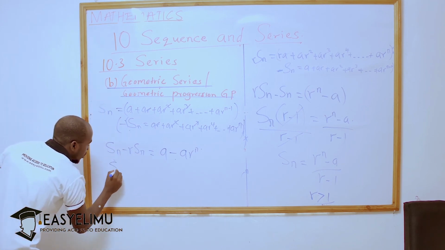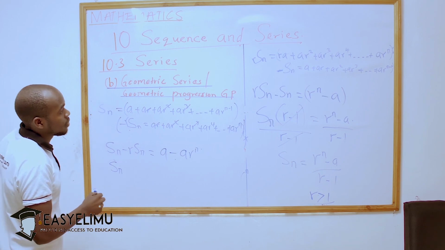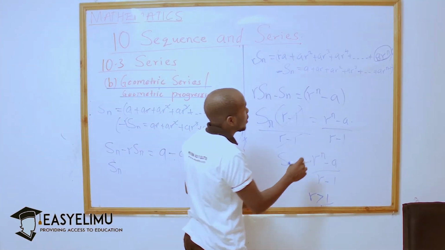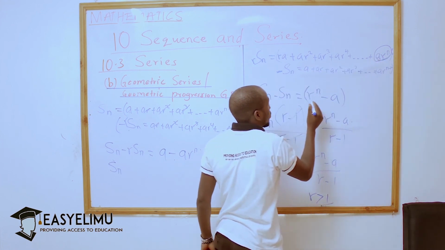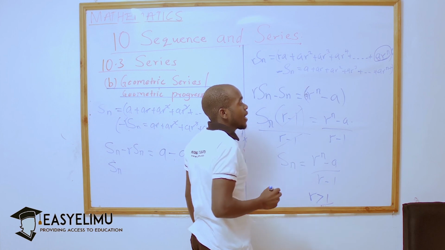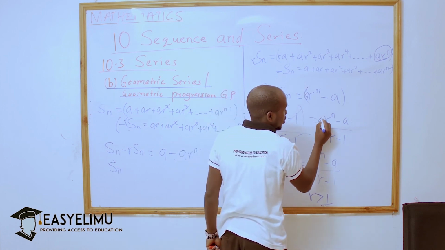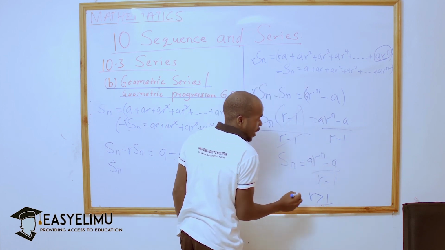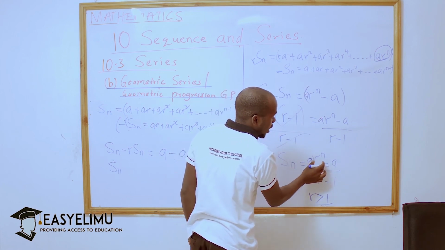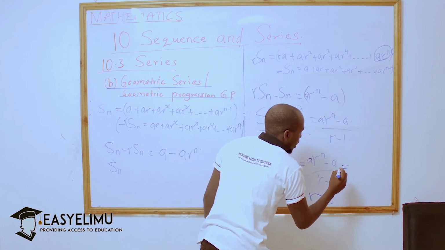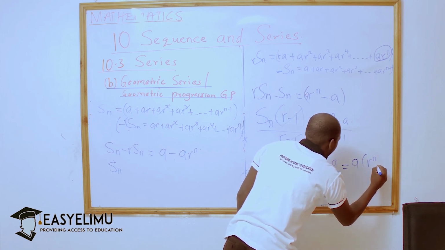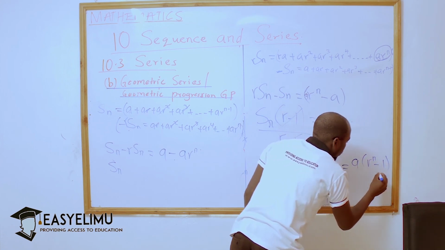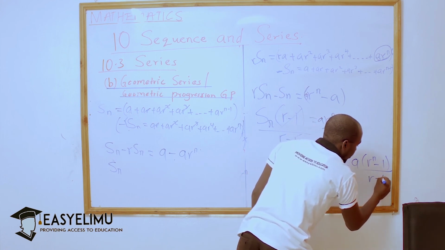here Sn, we are going to get, now here we forgot one, whereby if you subtract, you shall remain with that. So here it should be AR, not R alone. So if that is the case, you will find it will be throughout AR. And here, factoring out A, you will remain with Sn equals A into Rn minus 1 over R minus 1.